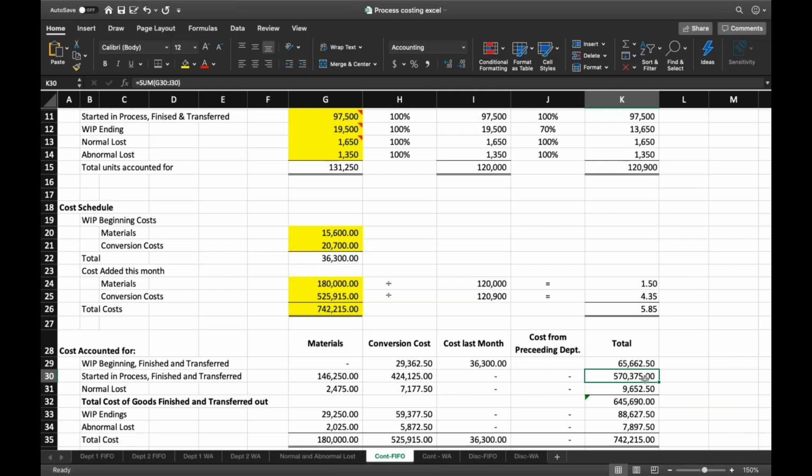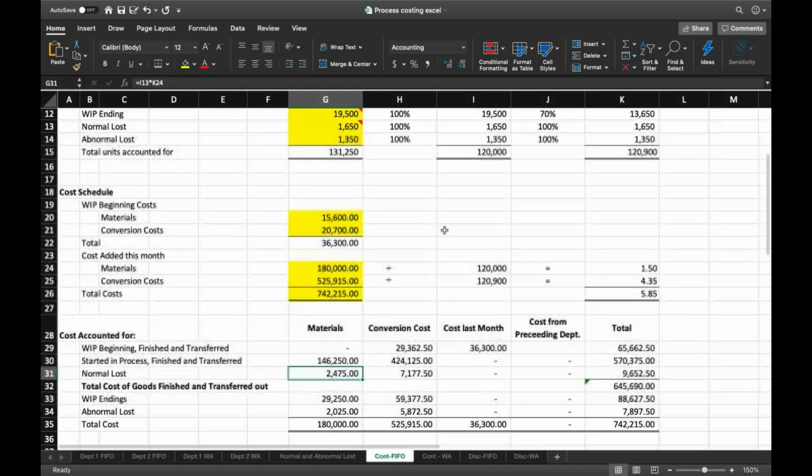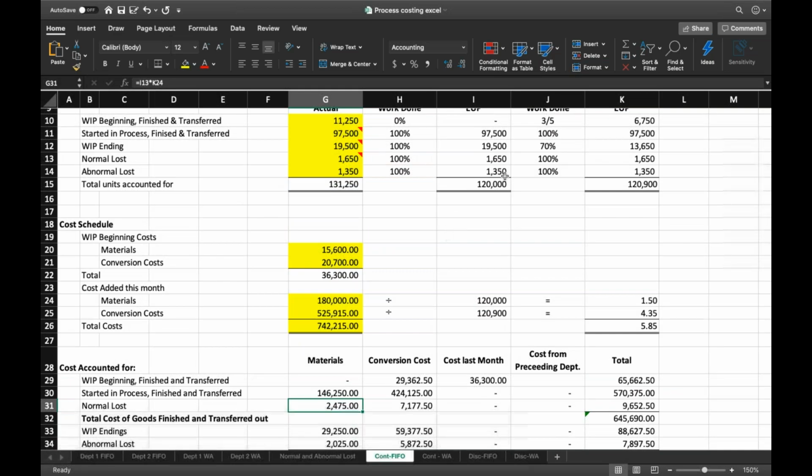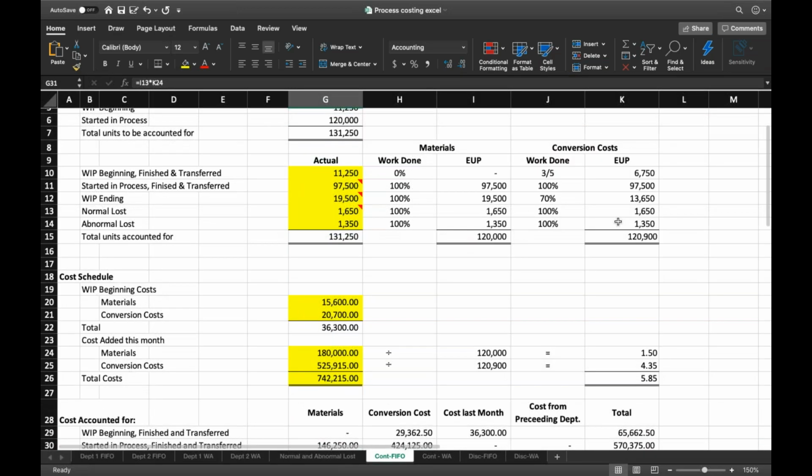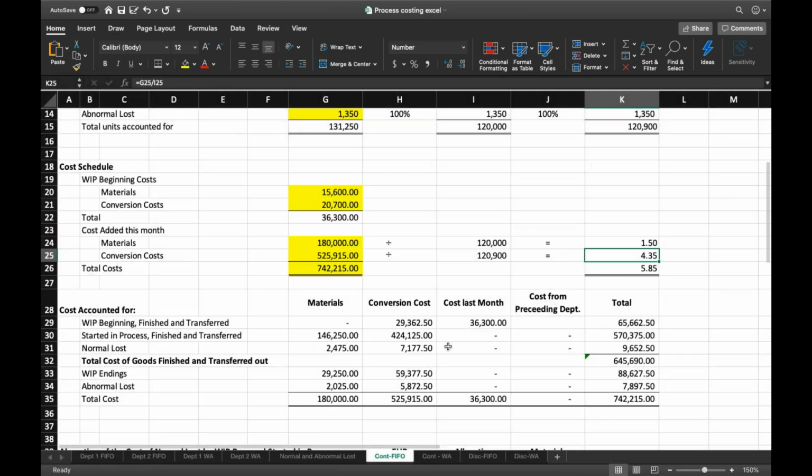Okay. For the normal loss, in terms of materials, nalagyan natin siya ng 1,650 units times 150 equals 2,475. For conversion cost, nalagyan natin siya ng labor and overhead, 1,650 times 4.35 equals 7,177.5.